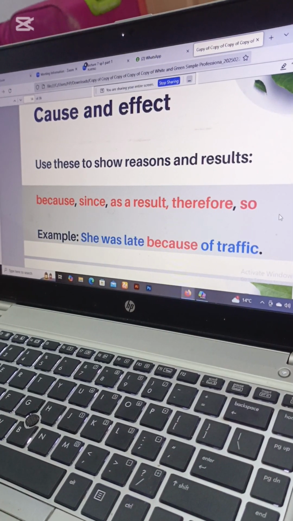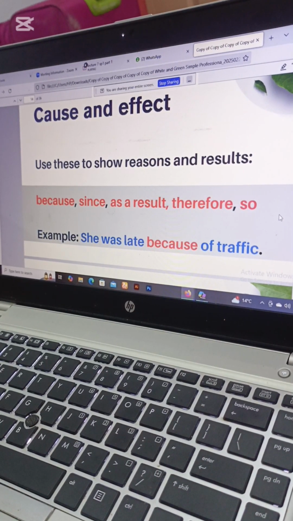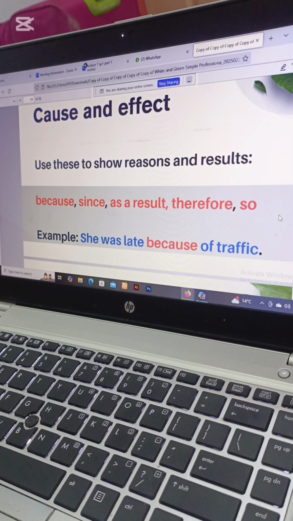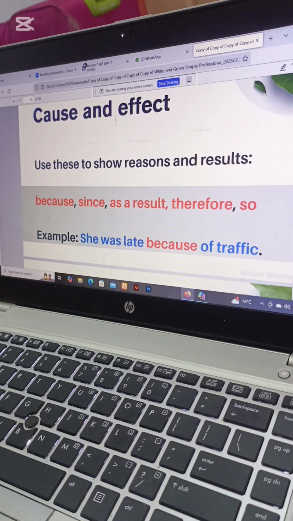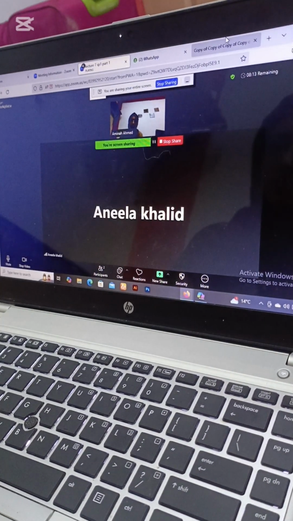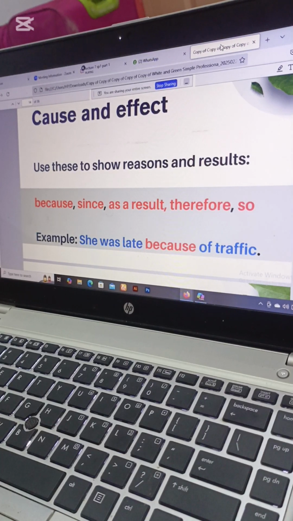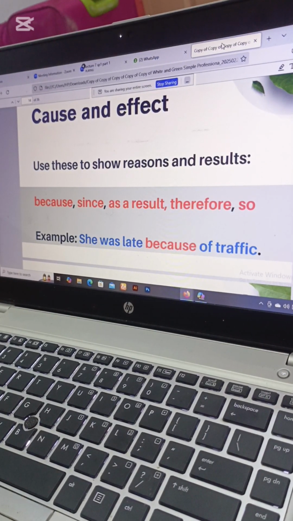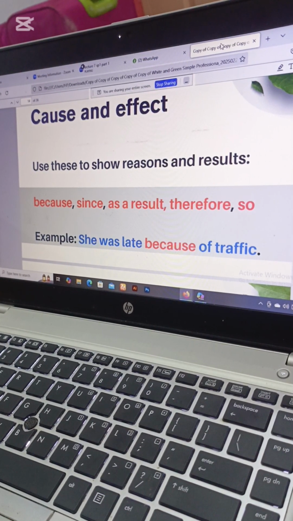What about the cause and effect? Can you read these words? Ma'am, your voice is not clear. Can you read the words that are used for cause and effect?